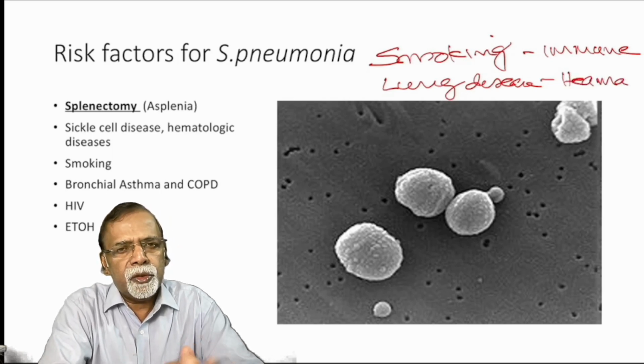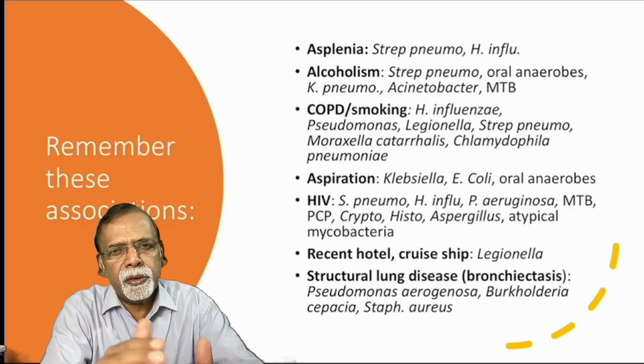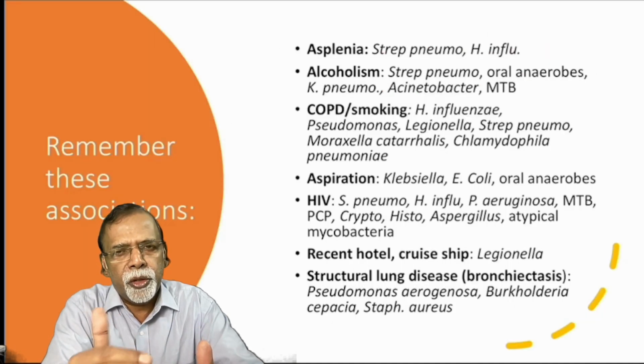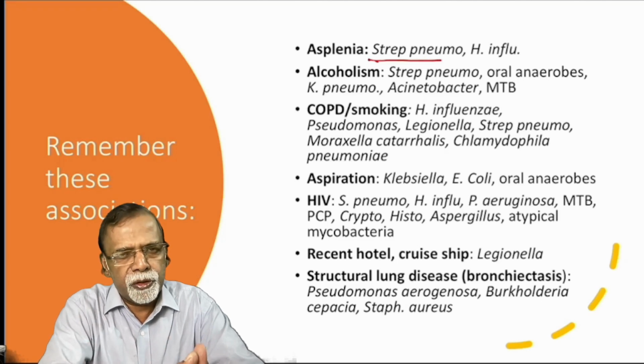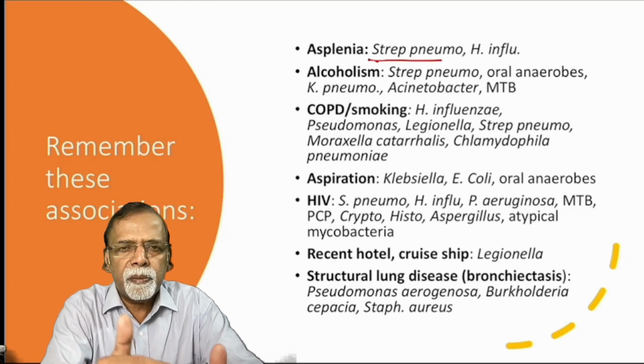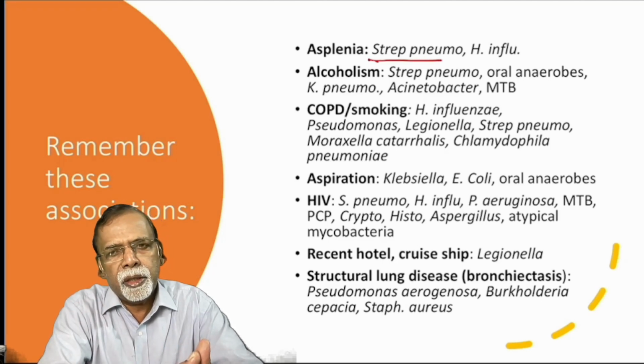Again, remember these associations. Asplenia or splenectomy leads to infection due to Streptococcus pneumonia or H. influenzae. Alcoholic patients are prone to Streptococcus pneumonia, anaerobes in the mouth because they may aspirate, Acinetobacter and tuberculosis. COPD and smokers, H. influenzae, Pseudomonas.